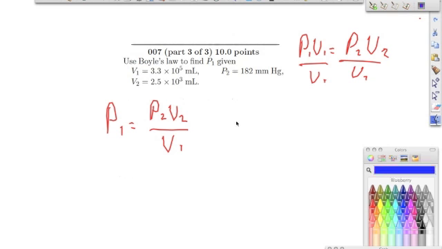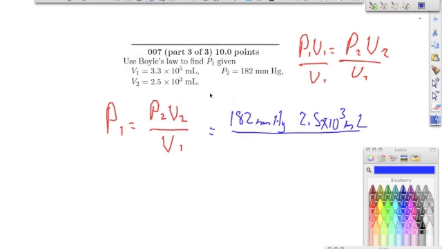So here we would have our P2, which is 182 millimeters of mercury, and our V2, which is 2.5 times 10 to the third milliliters, all divided by our V1, which is 3.3 times 10 to the fifth milliliters.